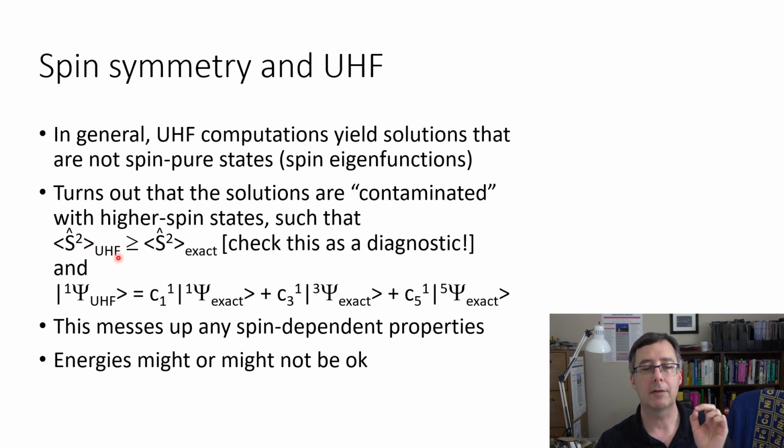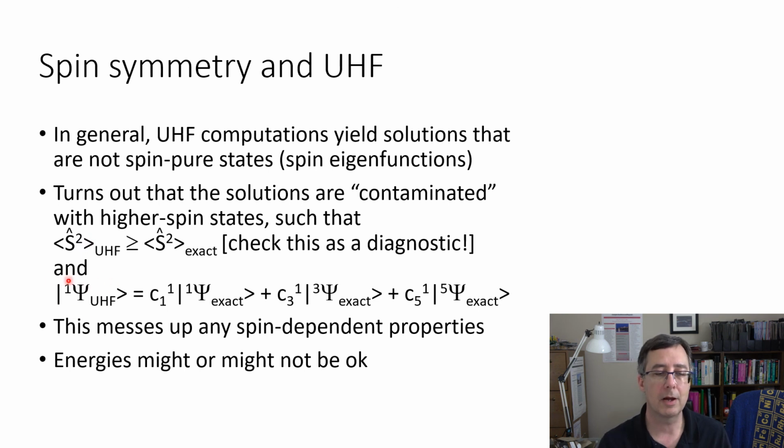But in fact, if I use UHF orbitals, it won't give me that. That would be the exact result. It'll give me something that's bigger than that. And that's because my wave function is now contaminated with some partial contributions of higher spin states. Not lower ones, but higher ones.